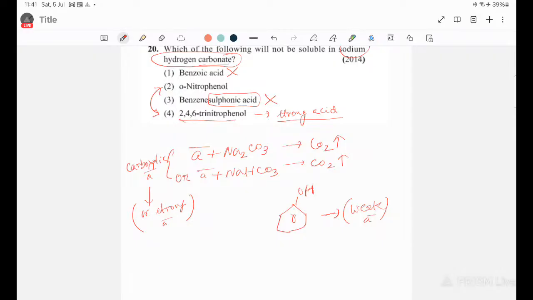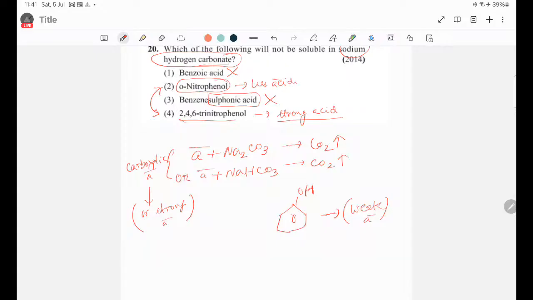So 2,4,6 trinitrophenol is a stronger acid than orthonitrophenol, because orthonitrophenol contains only one nitro group.